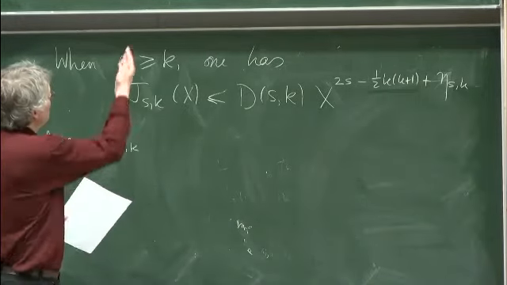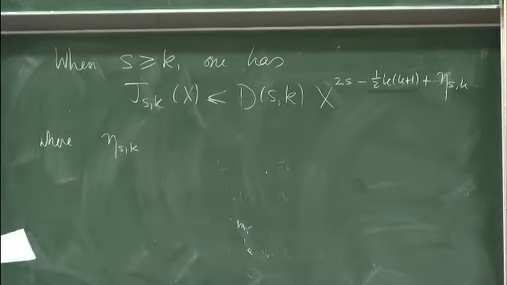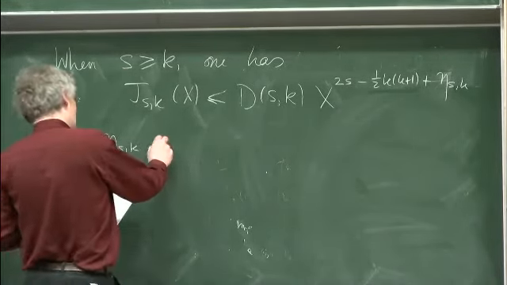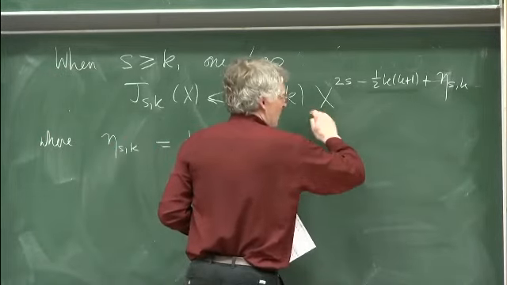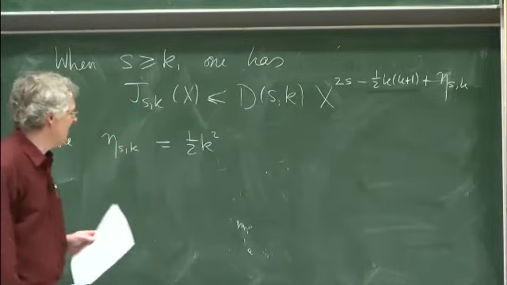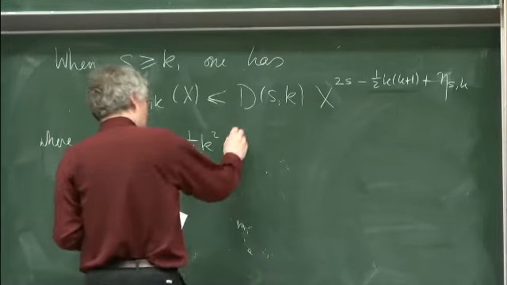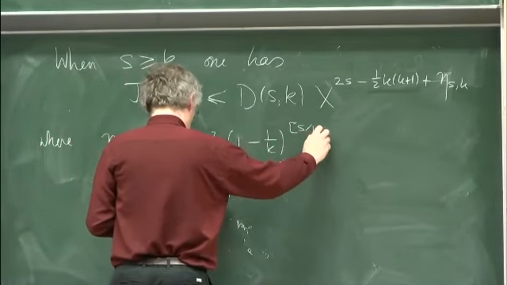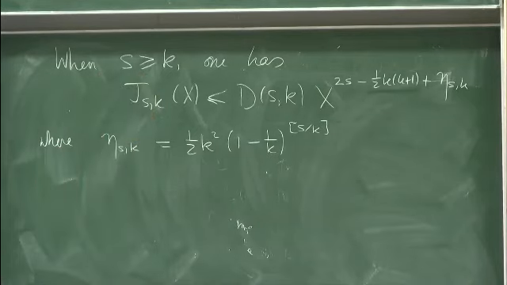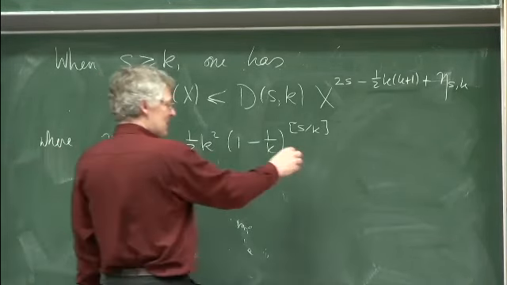And so the sum of knowledge up to the early 70s was that this difference between what we actually expect to have as an upper bound and what one can prove is bounded in a relatively simple form: a half k squared times some power of 1 minus 1 over k.